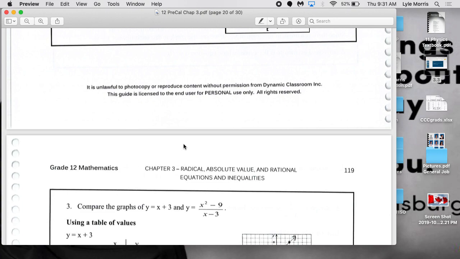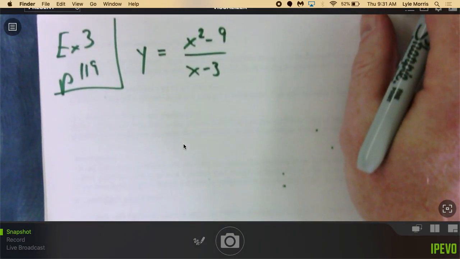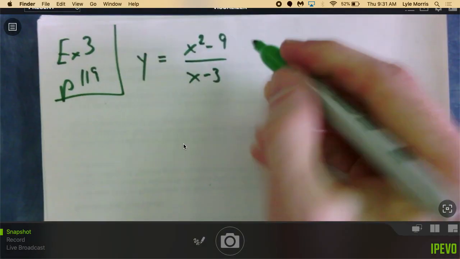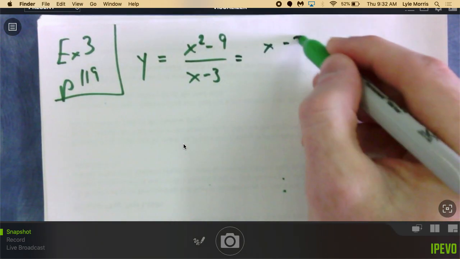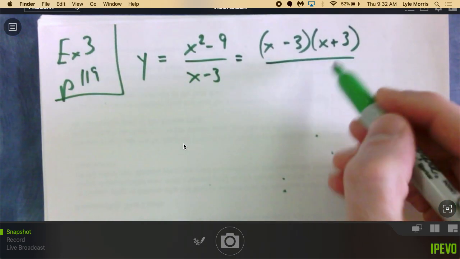Example 3, page 119. y equals x squared minus 9 over x minus 3. So factor this. This is x minus 3 times x plus 3, difference of squares, over x minus 3.